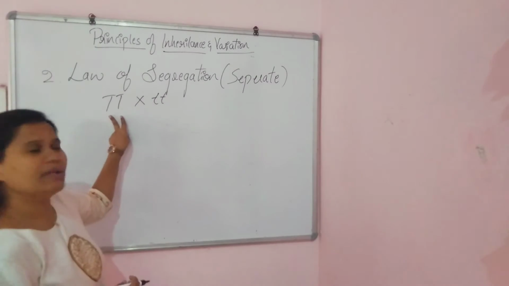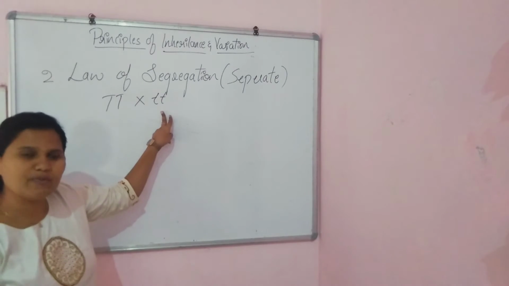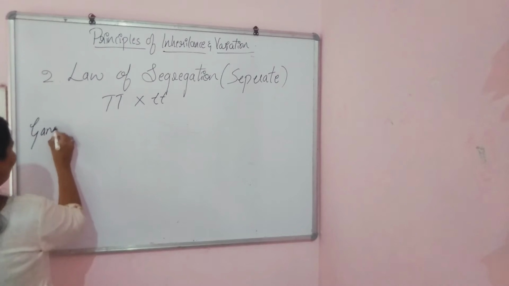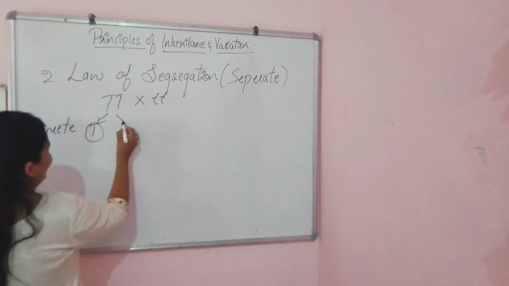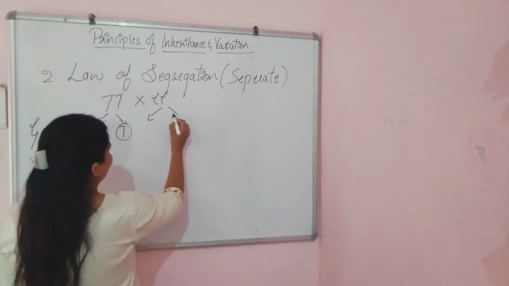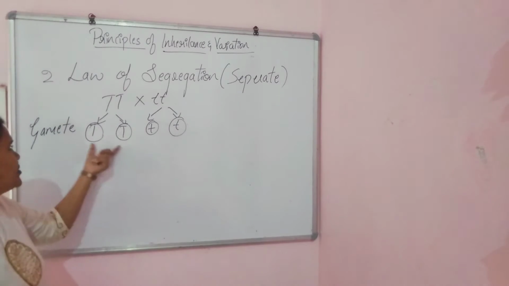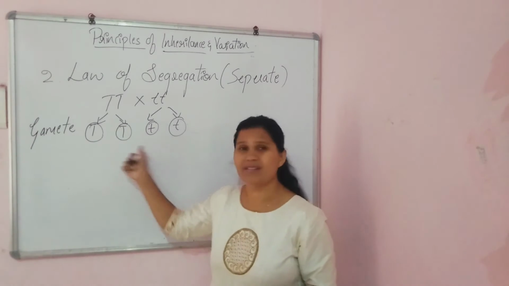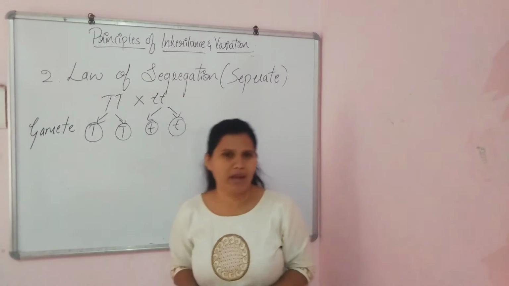Here two alleles are present, capital T, and here small t. During formation of the gamete, one T is over here and the T is here. Same here also, the small t will be separated. So these gametes got separated. This is called the law of segregation.